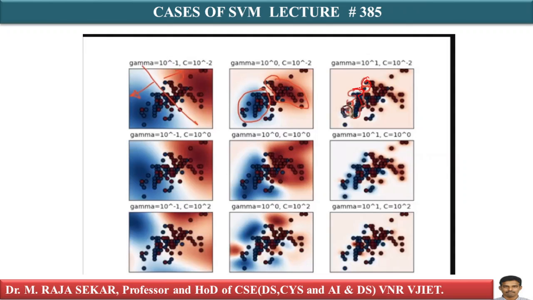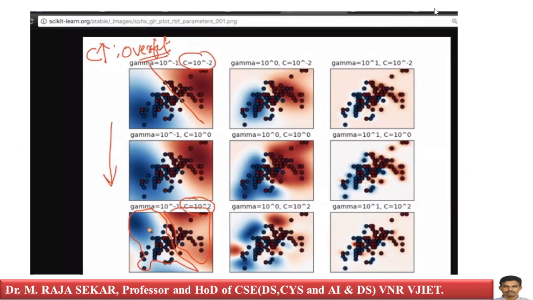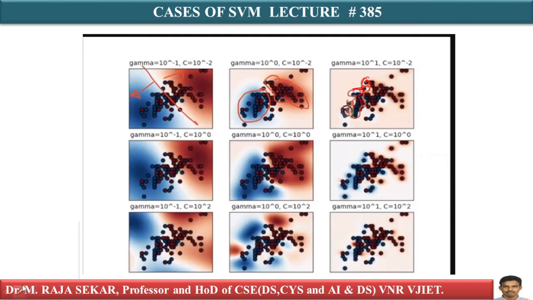This is exactly the behavior when you have k equal to 1 in KNN, or k becomes very small. They are both equivalent: sigma reduces in RBF, or k takes a small value in KNN.